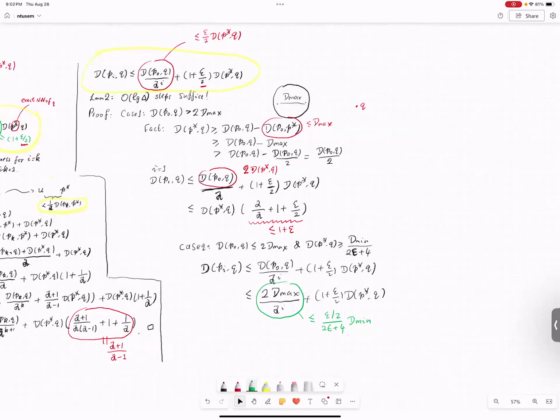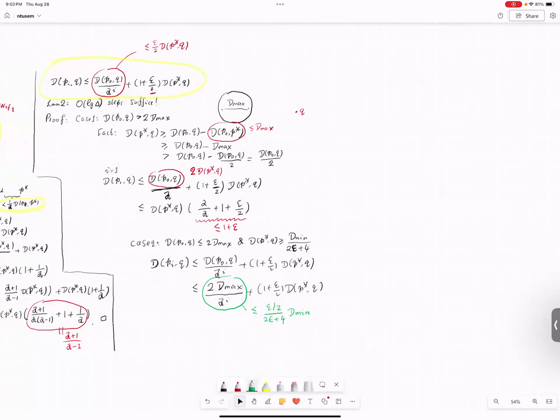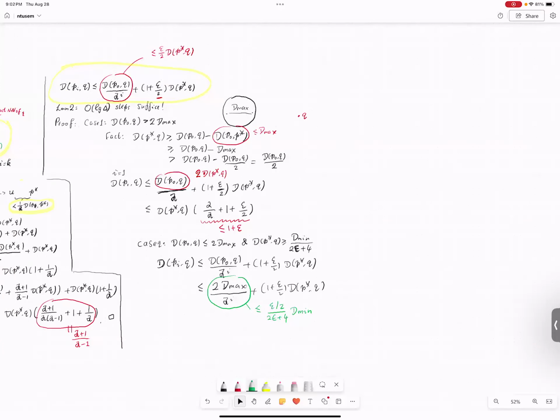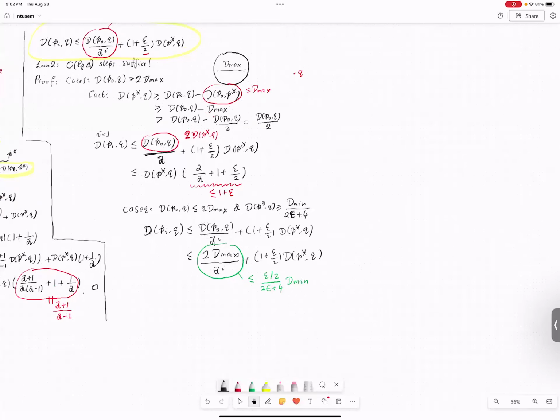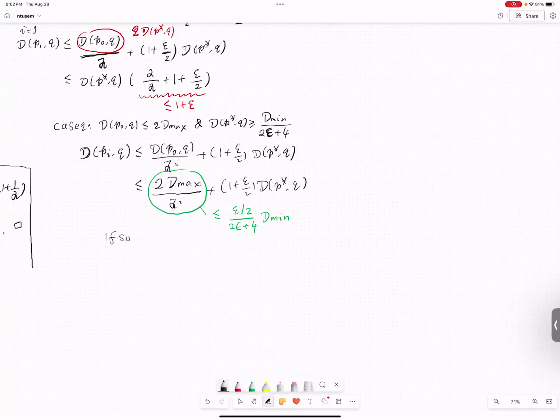So this is something we want. We will solve I from this inequality here. Let's say we indeed manage to achieve this with some I. Then this is going to be less than or equal to epsilon over 2, and then 2 epsilon plus 4. How do we deal with d min?